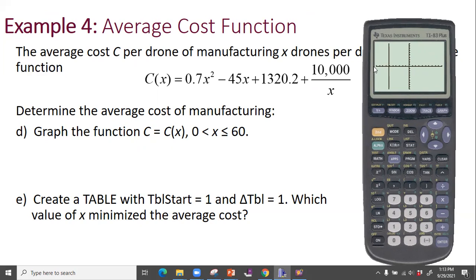So right now, my domain goes from -10 to +10, but I need to change it. To change it, all I'm doing is clicking window, and I'm starting from 0 and working my way to 60. And I'm going to hit graph, and I'm going to see, can I see anything? I'm like, oh, that didn't help.